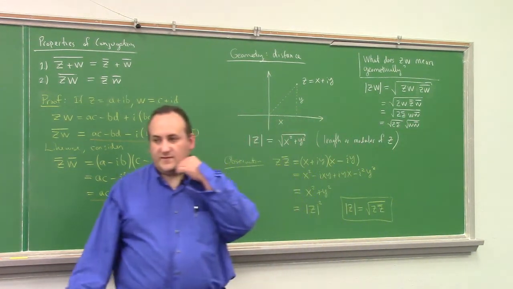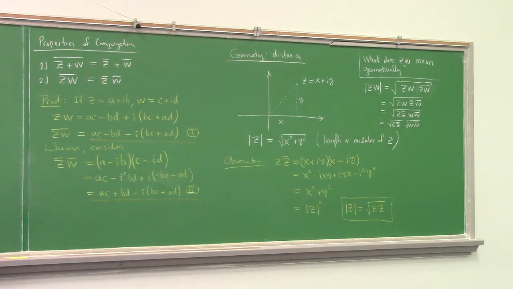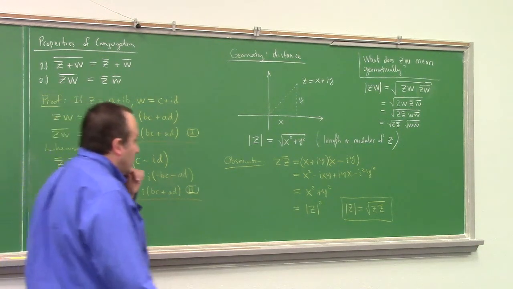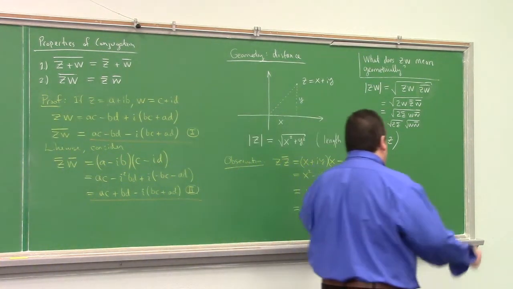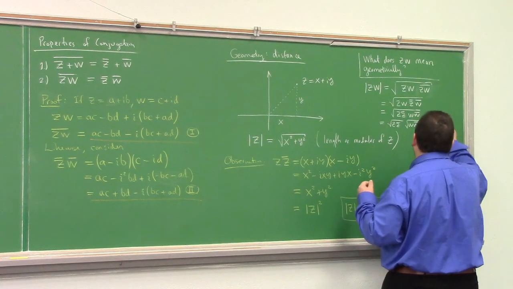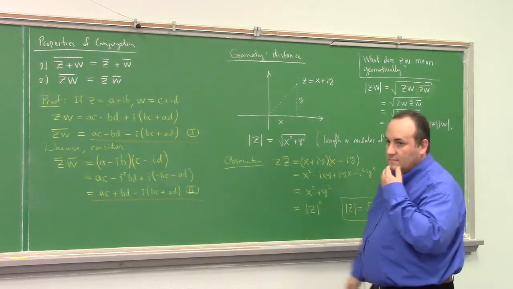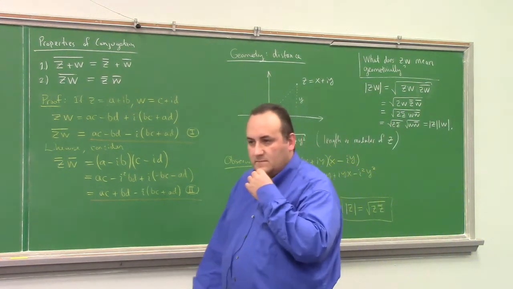Well, the square root of z z bar is the length of z. The square root of w w bar is the length of w. So what we have now shown algebraically is that the length of the product of two complex numbers is the product of the lengths of the complex numbers. It's kind of neat.